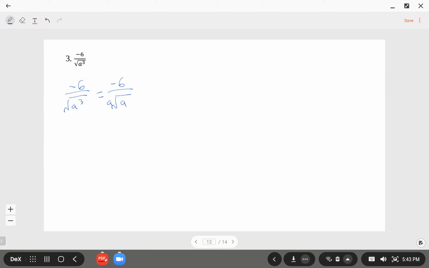Now, how do we simplify this? Multiply by square root of A, and then this radical will go away, right? Because square root squared, that just cancels out, okay? That is the correct answer. Good job, Edward. 1 point to you.